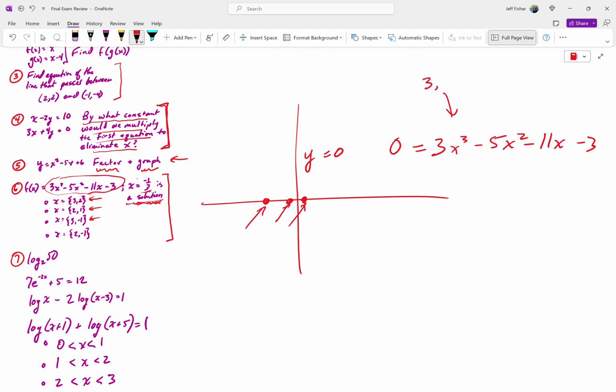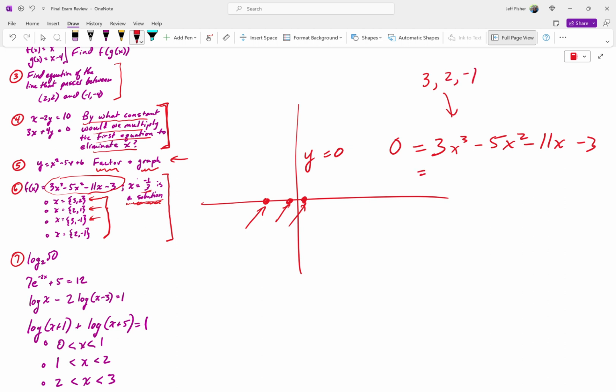The answers they've given us are 3 and 2, 2 and 1, and 3 and negative 1, and 2 and negative 1. So we have 3 possible values. 3, 2, and negative 1 are the options that they've given us. So let's see which ones work.